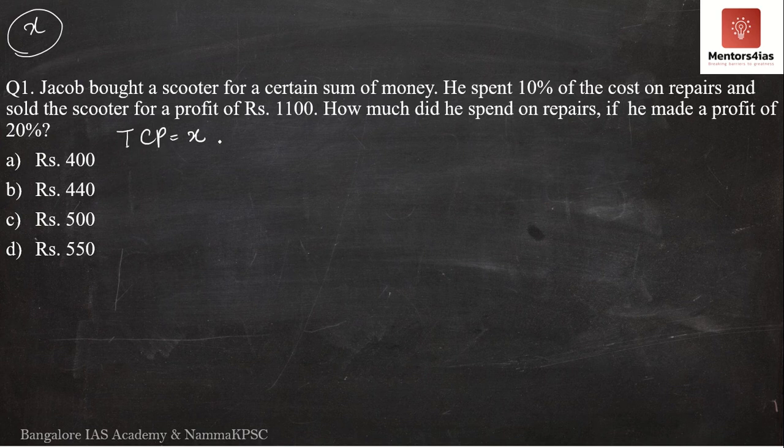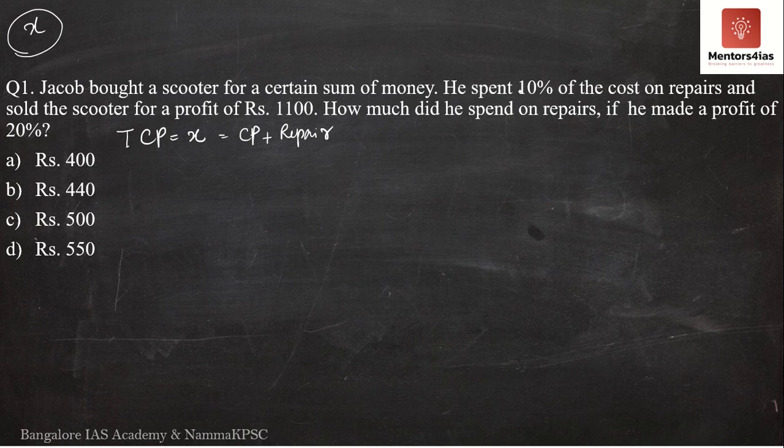So total cost price equal to X means his purchase price plus that 10% repair. Let X be the total cost that he incurs before selling, that is the initial purchase price plus the money he spends on repairs.